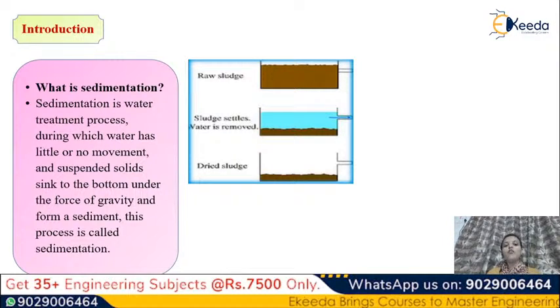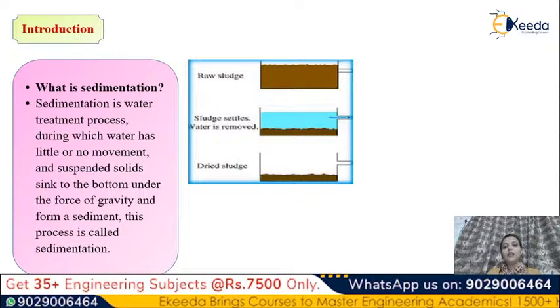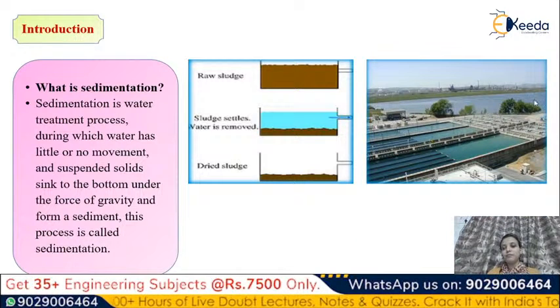Because we reduce its velocity, the settleable particles settle down by the force of gravity, and these settled particles are called sludge or sediments. We remove that sediment after the process is over, and clean water comes out through the outlet and is collected.